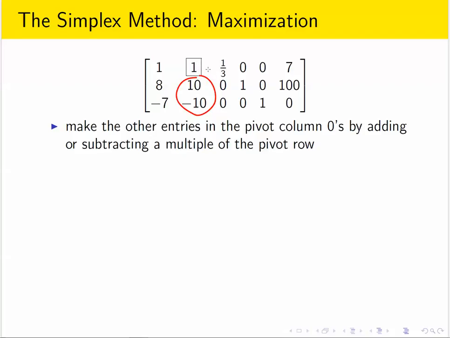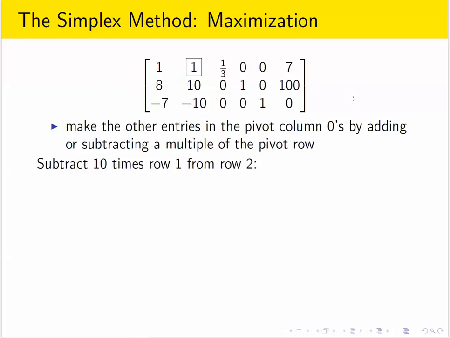That makes it easier to see what multiple will make things work out the way we need. So for example, in order to make this into a 0, I can add 10, which means I can add 10 times the pivot, which means the right row operation is to add 10 times the pivot row to that third row.